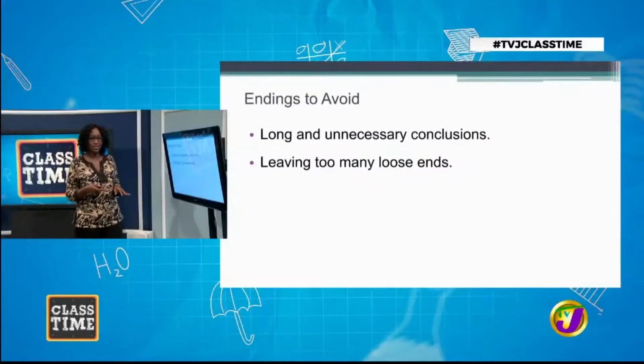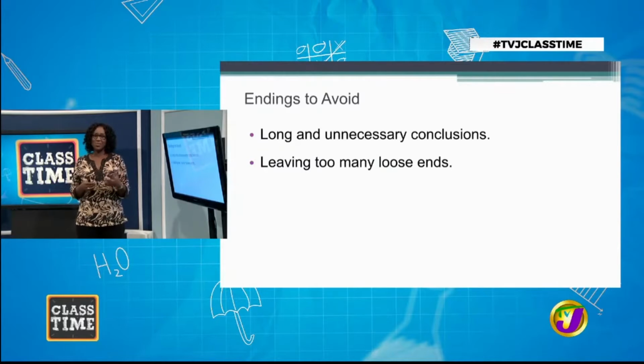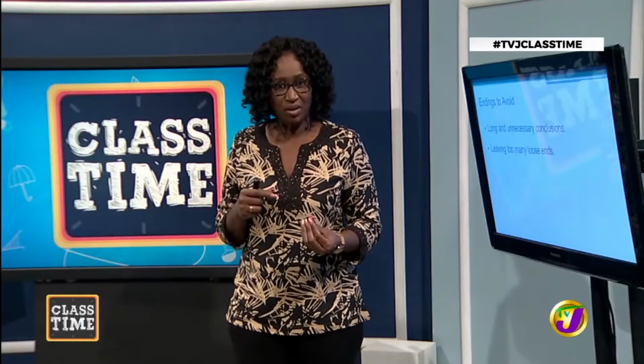Next thing to avoid, too many loose ends. Now, sometimes students say they want to end the story with a twist, or they want to end it on a little hanging note. You have to be careful. Your main conflict needs to be resolved. There must be some sort of resolution of your main conflict.